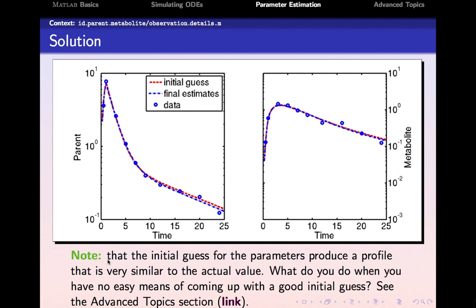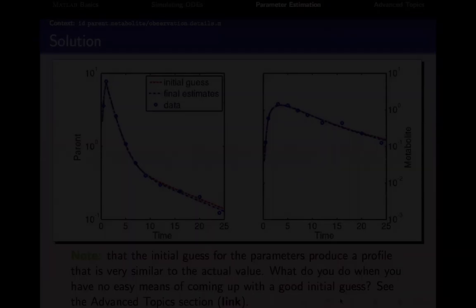If you go to the advanced topic selection, you can follow the link here, or you can look at the slide number on your handouts, and I have an example where I've automated the process of moving around the search space and trying to find a better initial guess and honing in on the final solution in the event that I don't have a very good initial guess.